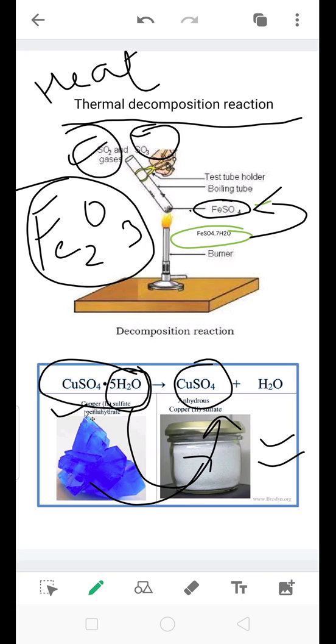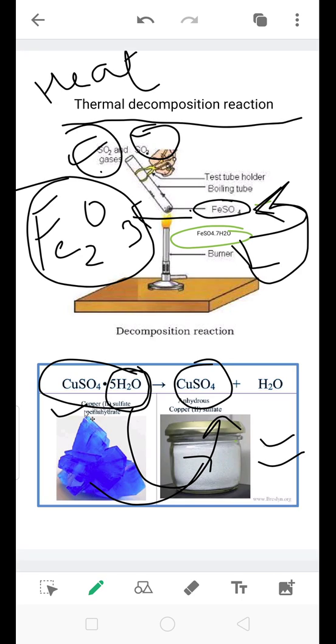Again I am repeating, ferrous sulfate is present in 2 forms, maybe in heptahydrated form or maybe simpler FeSO4 form. FeSO4 7H2O is green in color, which on heating firstly gives FeSO4, then FeSO4 is converted into Fe2O3, sulfur dioxide and sulfur trioxide. So this is another example of thermal decomposition.